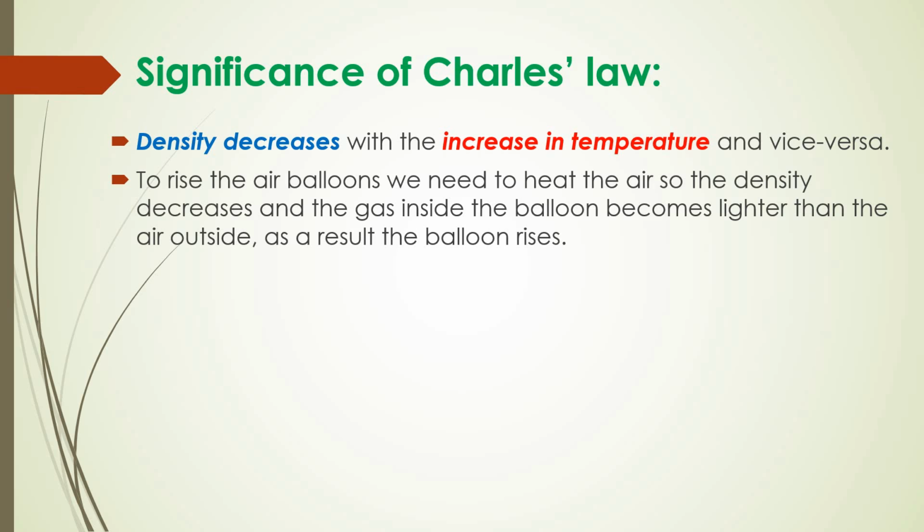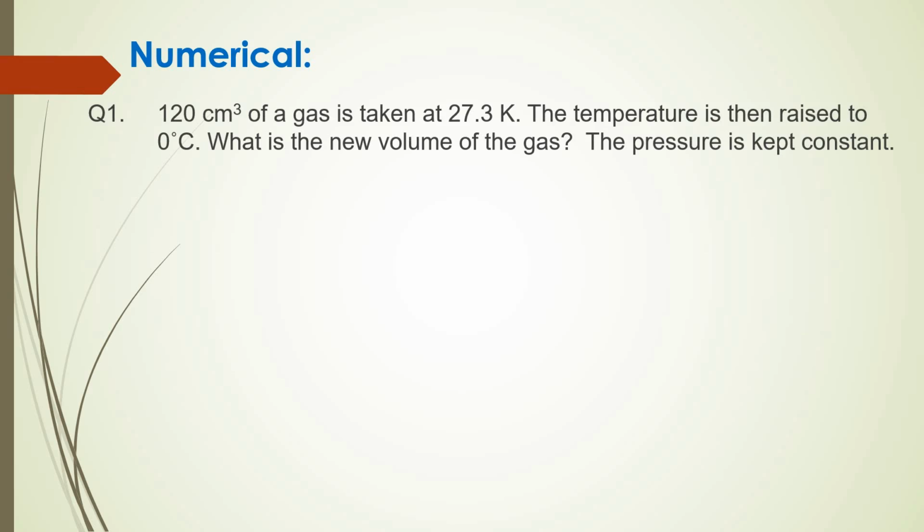So with the help of Charles' law, we can do numerous things in our life related to gases. Okay, so now let us learn how to solve numericals based on Charles' law.